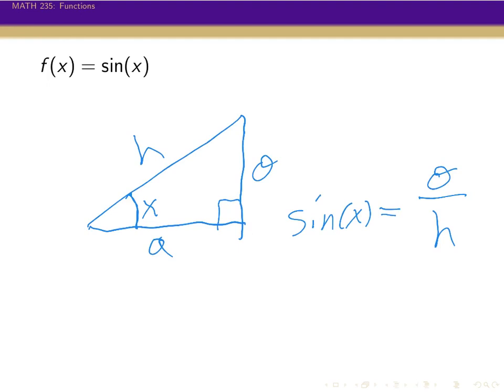And in fact, the way that often we think about this, if we're just thinking about sine, we're going to set the hypotenuse to have value 1, in which case sine of x for that special triangle with a hypotenuse of 1 is just going to be the length of that opposite side. And when we talk about sine of x, that is the rule that sine of x is. It's very geometric in its thinking.